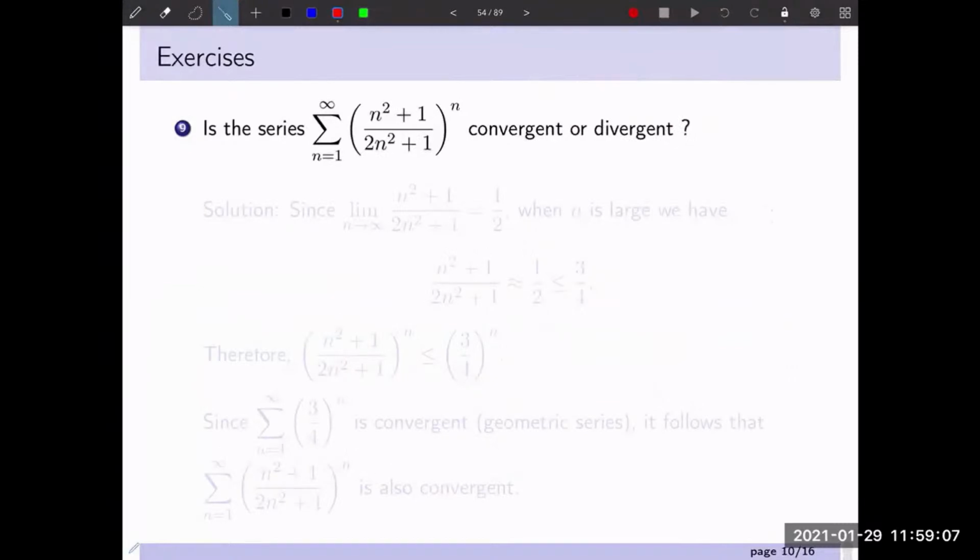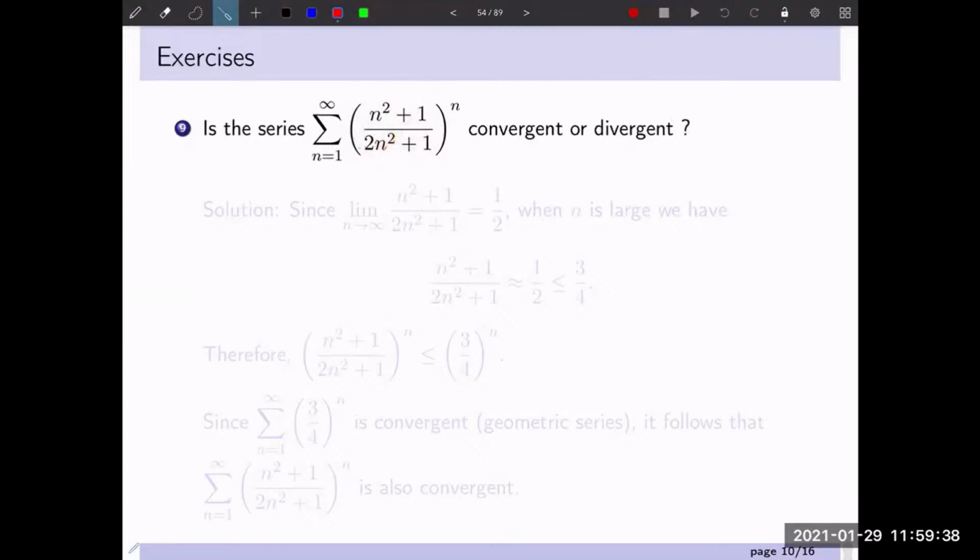Let's consider this more complicated question. While you have this something to the power n, but this is not a number. This is also a complicated expression of n. But if you just look at this base and think about the question, how large is this term?